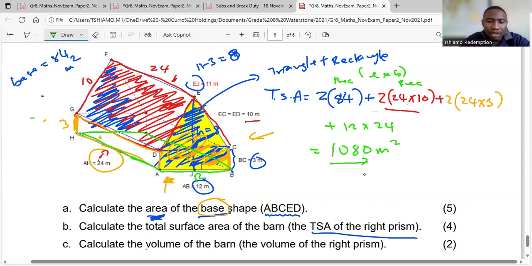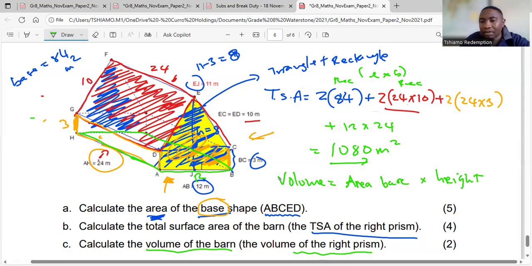Last question: calculate the volume of the right prism. So what is the volume of any prism? We multiply the area of the base by the height. This is the standard formula for volume. You get the area of the base multiplied by the height.